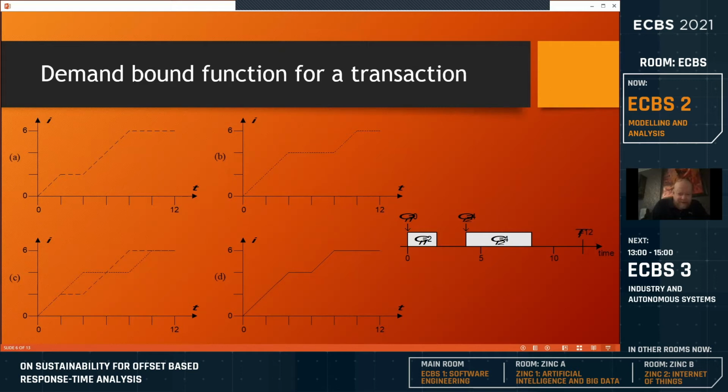Then we have 2 units of gap. And then we have 4 units of execution and then a gap. And that's the period, and it repeats itself.